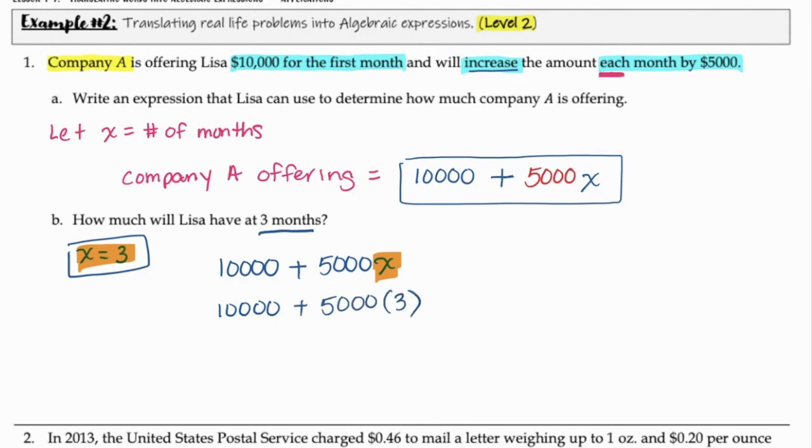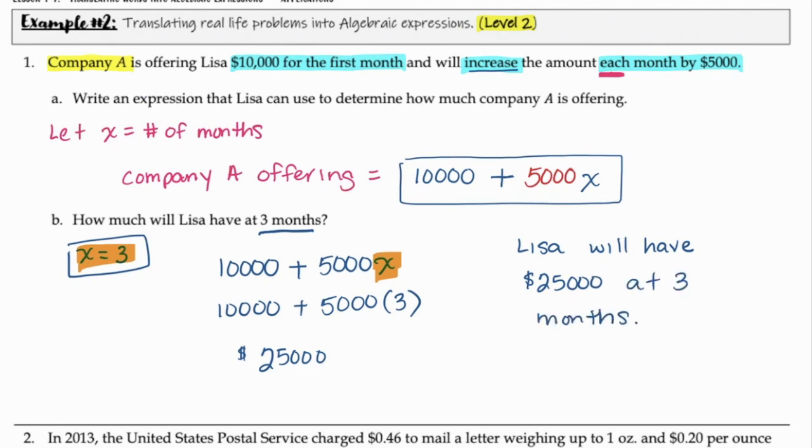I'll put that into my calculator and evaluate. This is cash, so I must show my work. There's my math work. But this is a word problem, and for word problems we want a small sentence. So I'm going to say Lisa will have, or will make, $25,000 at 3 months. When I write my sentence, I usually read what it is they asked me for and I rewrite it in the same way.